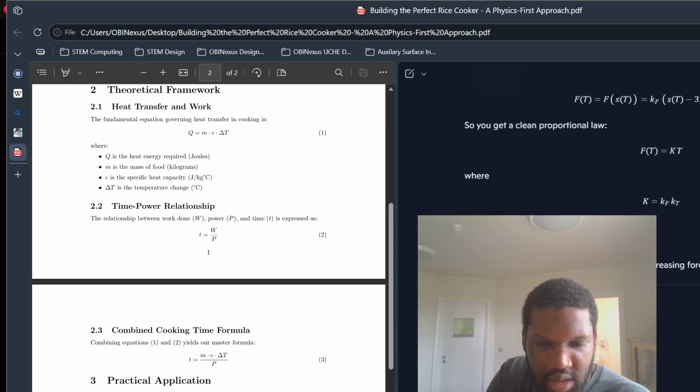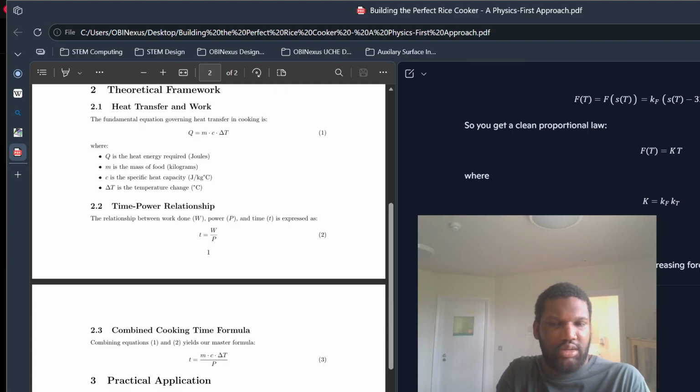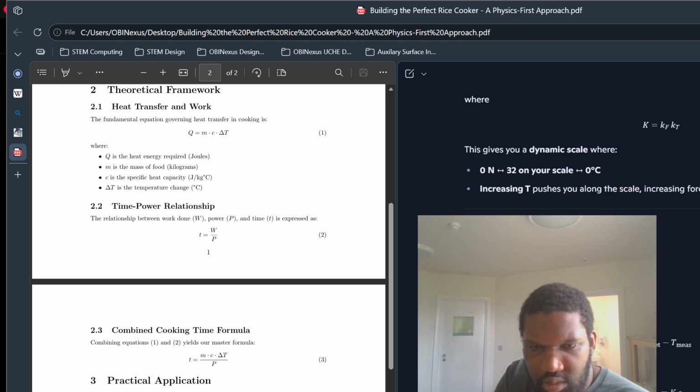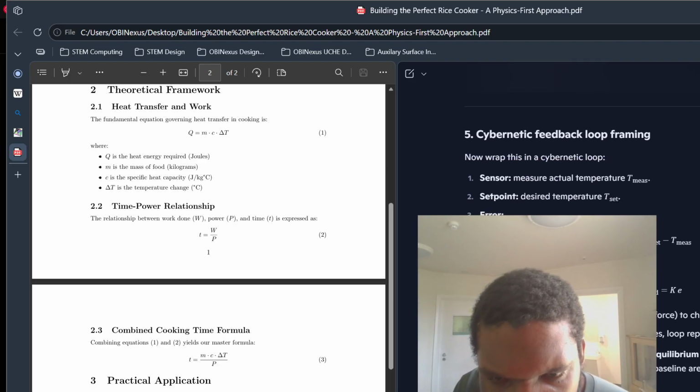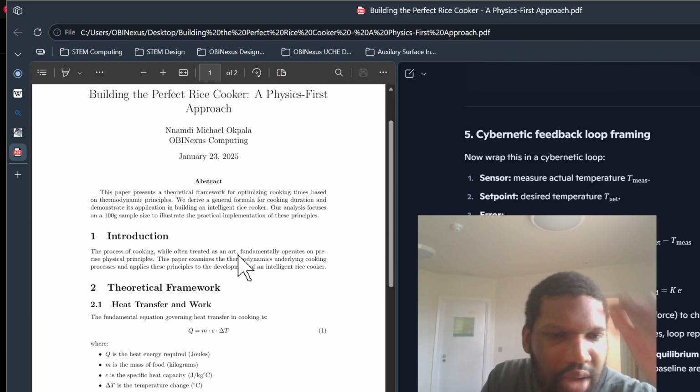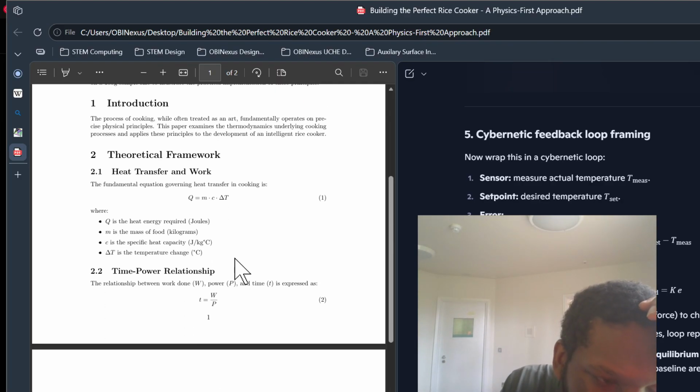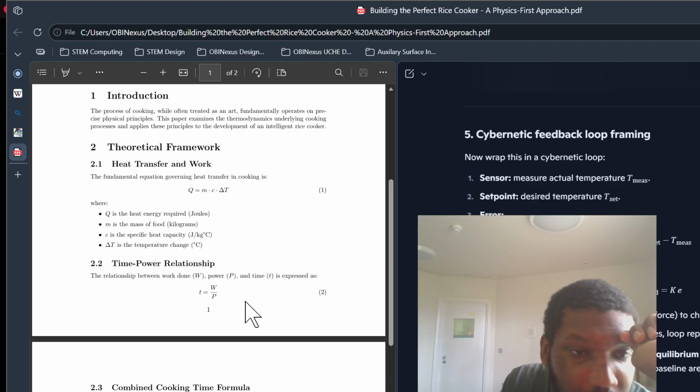Now use work divided by power, work done in time to ensure, basically, I'm saying you have two formulas. This is the reference because of the time-power relationship.